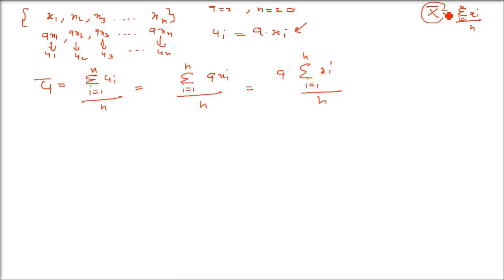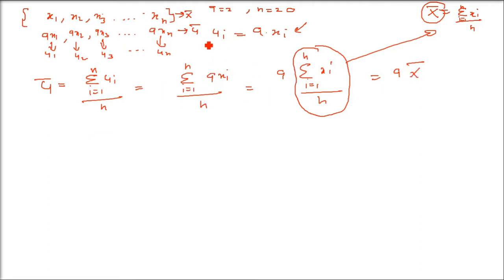Now x bar was the mean of the first list, which was not multiplied by a. So this sigma xi by n is x bar only. So you can write it as a x bar. The mean of the second list, where each element is multiplied by a, is u bar. So in place of sigma xi by n, we write x bar, the mean of the first list.